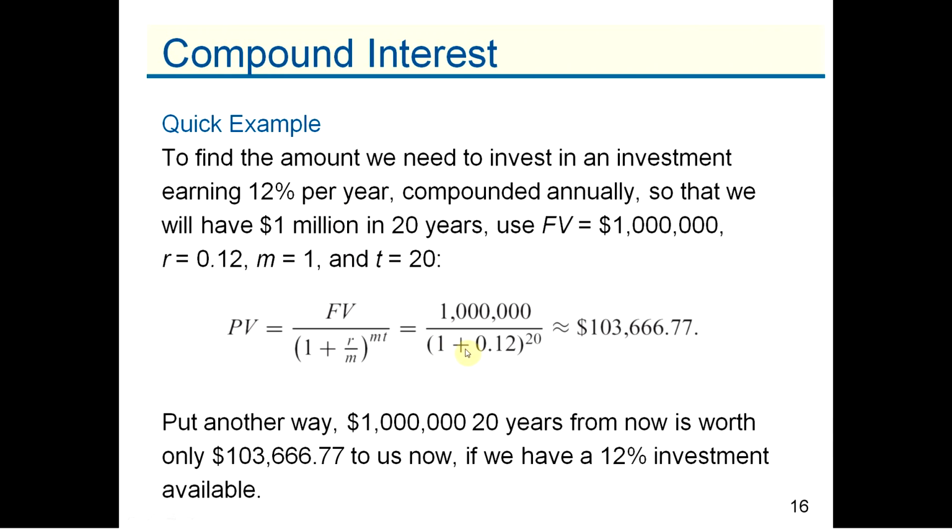When you calculate this, make sure you calculate this inside parentheses first, and then raise it to the power of 20, and then you can do your division. If you're going to put it all into your calculator all at once, put parentheses around the whole denominator. That will force it to calculate the denominator before it does the division.